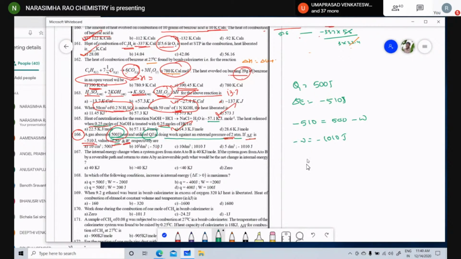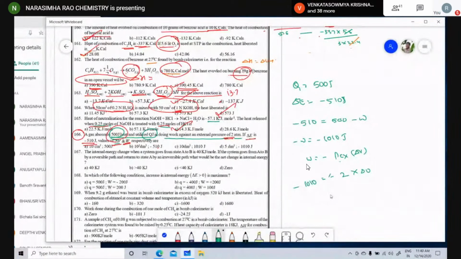Next, what are we asked? We need delta V. W is equal to minus P external delta V. P external is 2 delta V. W is equal to minus 10, 10, okay, both sides minus.